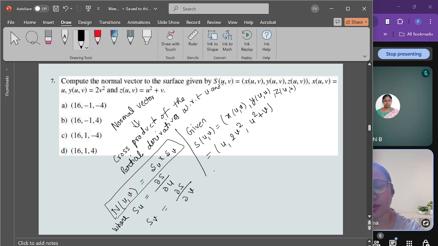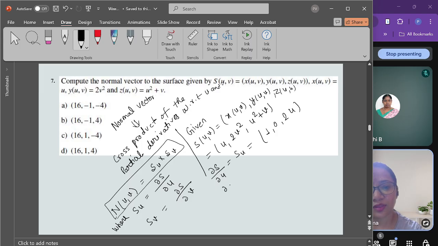Okay, so first del s divided by del u, that is represented as s_u in this one. If you just differentiate with respect to u only, here you will get 1, here it is 0, here you will get 2u, right?